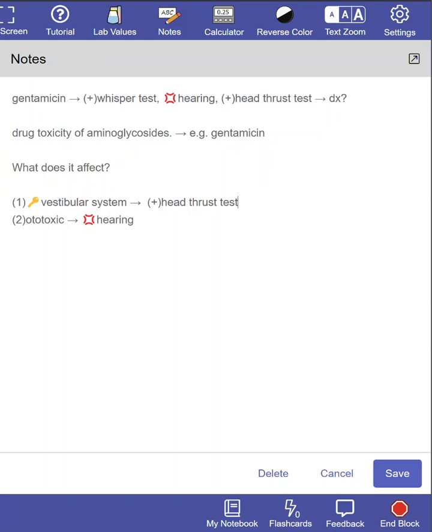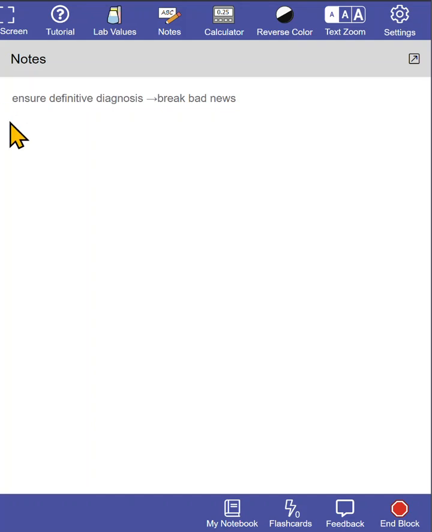And that is a test of your vestibulo-ocular reflex, which I think is your oculomotor. That's right, yes. And so that was the learning objective of that question.